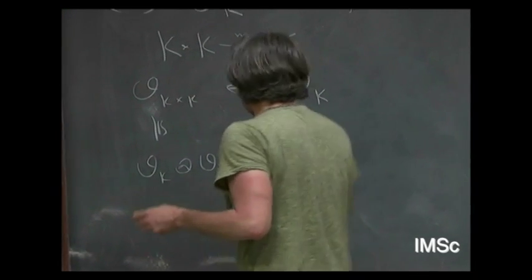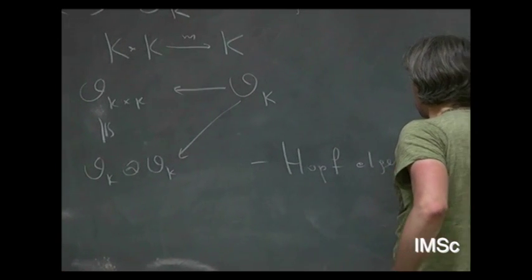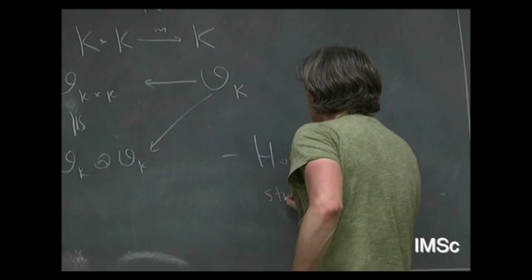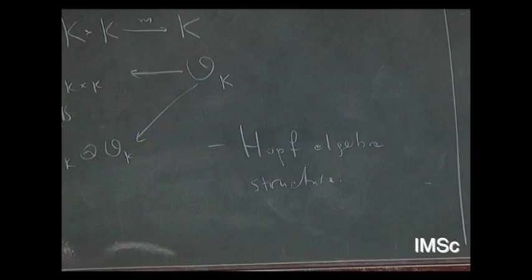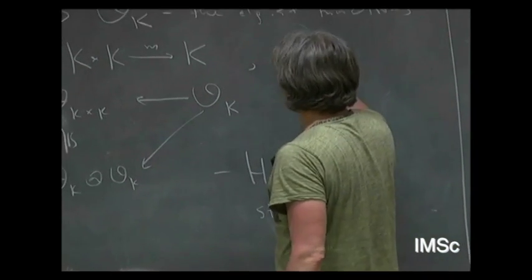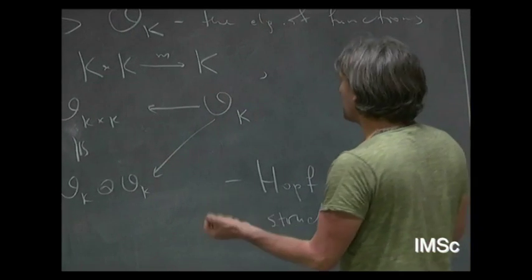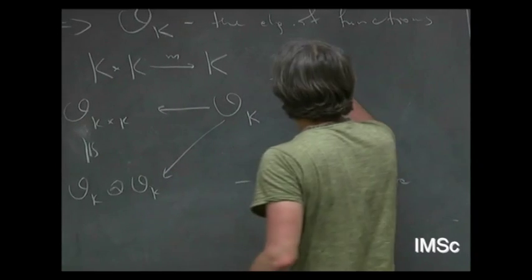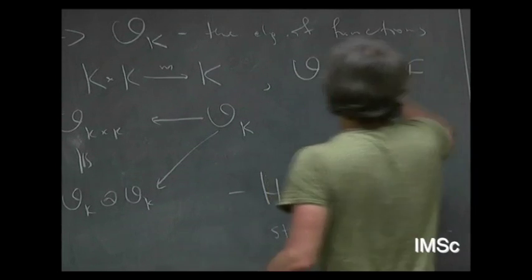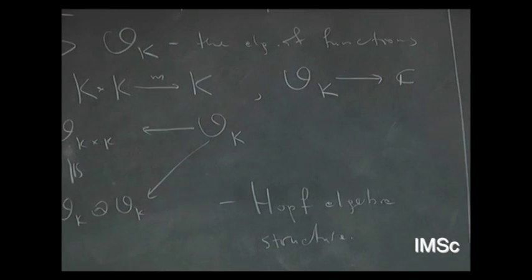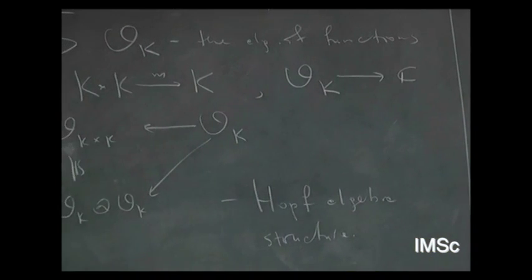So it's a coproduct, and it's a Hopf algebra structure. So, of course, you have counit, so you can take any function and restrict it to 1. You'll get a number. So, I mean, calculate its value at the unit element in the group. You'll get a number. So you have co-multiplication to the base field, which is C. Well, I'll need only the co-algebra structure in all this.